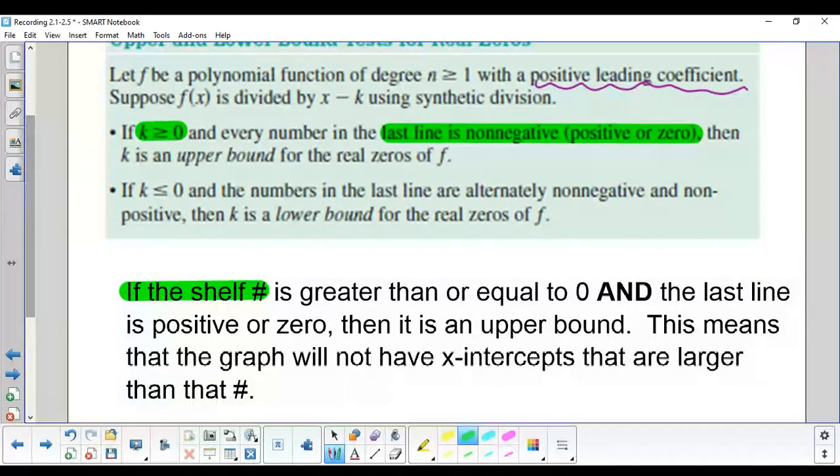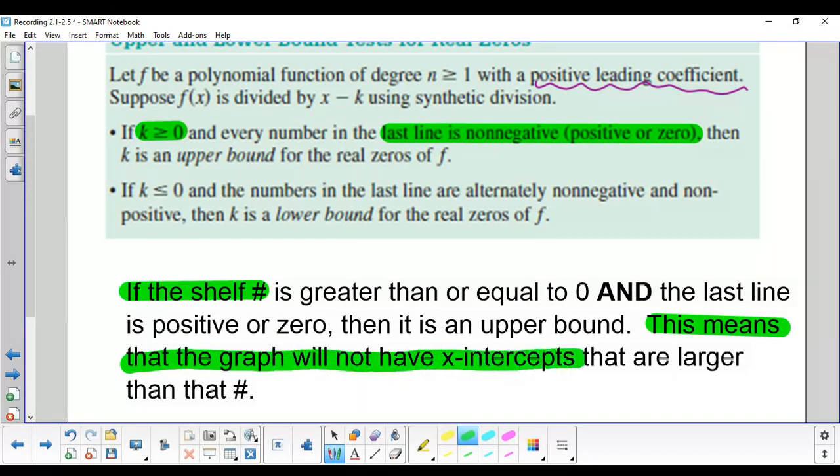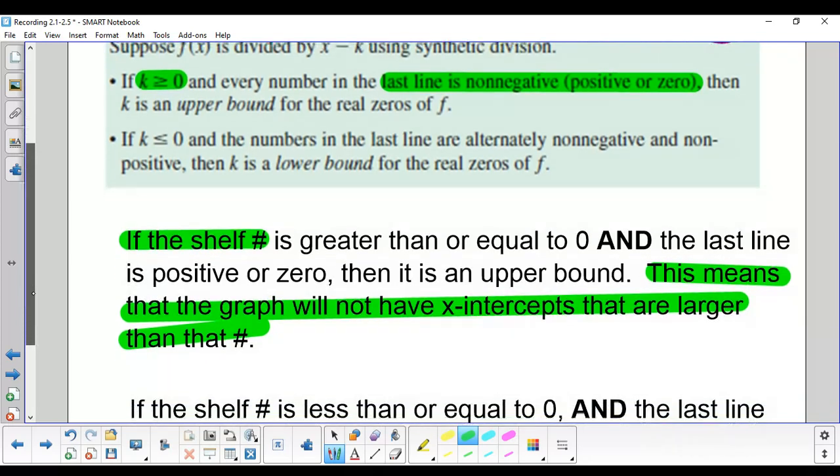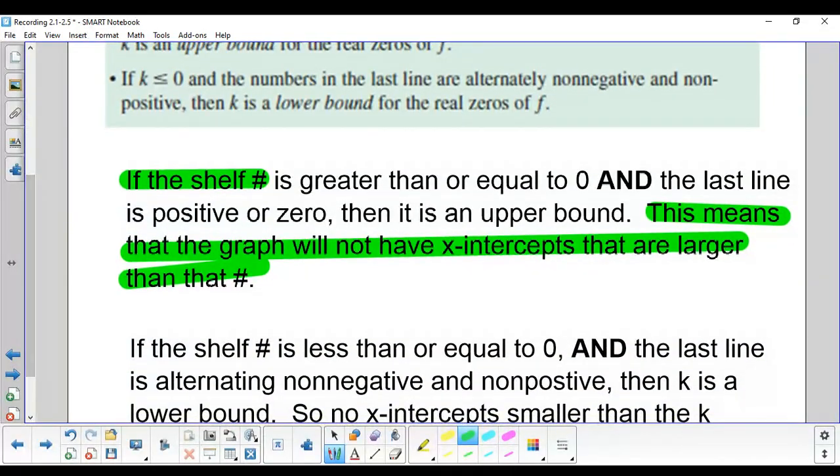Basically, that means the graph will not have any x-intercepts that are larger than whatever your shelf number was. All right, the second test or portion of this is what we call a lower bound. We can do a lower bound test if the shelf number is less than or equal to 0.